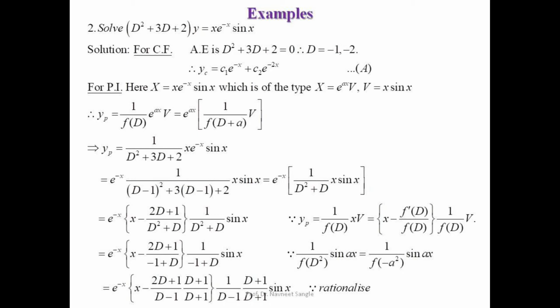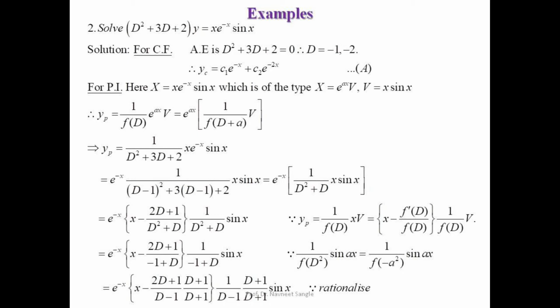Therefore the value of the particular integral is equal to 1 upon f of D, which is D square plus 3D plus 2, into e raised to ax into v, which is x e raised to minus x into sin x. If we apply the above formula, then we get e raised to minus x, 1 upon, so wherever the D term is there, replace D by D minus 1 because the value of a is minus 1.